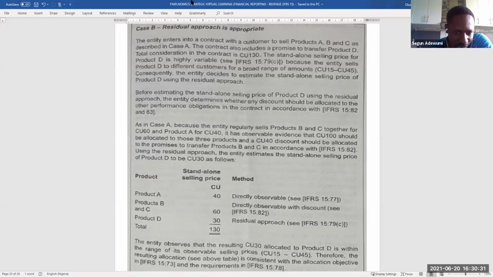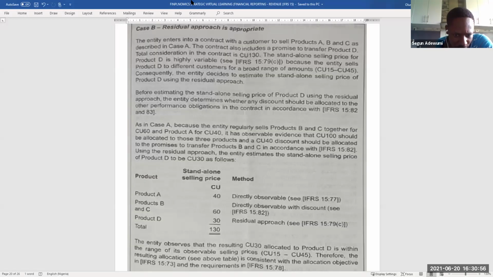Product D has a standalone selling price of 30 CU, and we use the residual approach to arrive at a total of 130 CU. The entity observes that the resulting 30 CU allocated to product D is within the range of its observable selling prices of 15 CU to 45 CU.